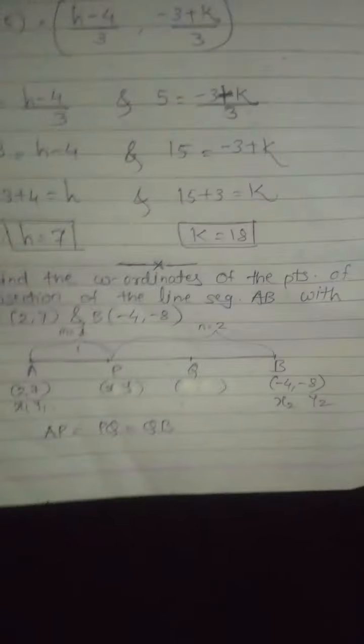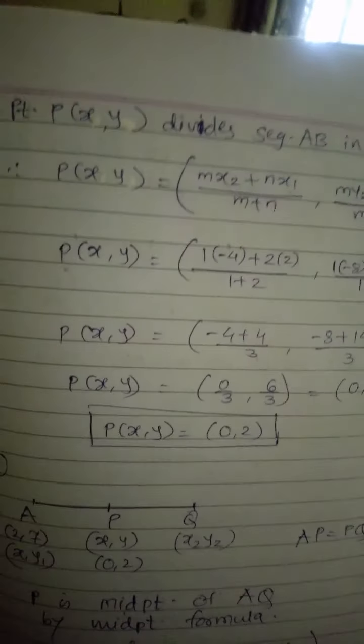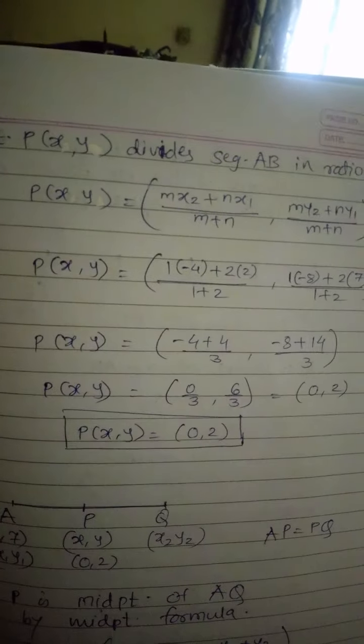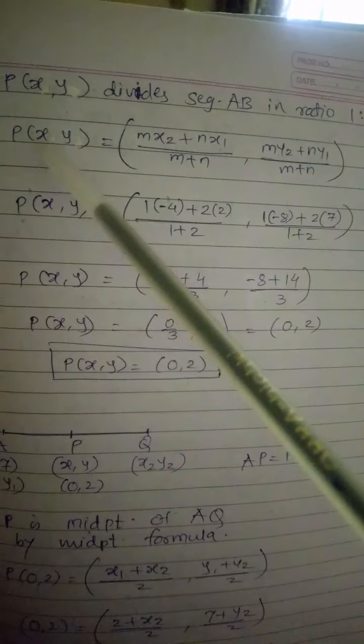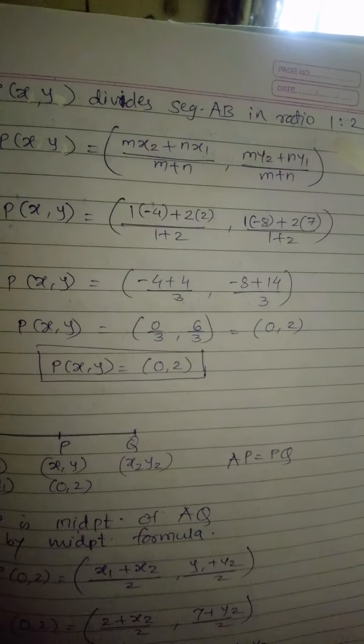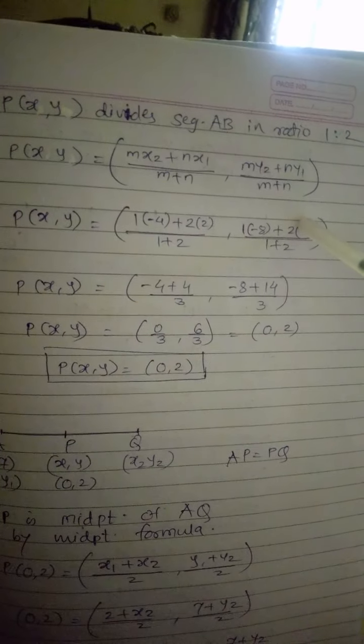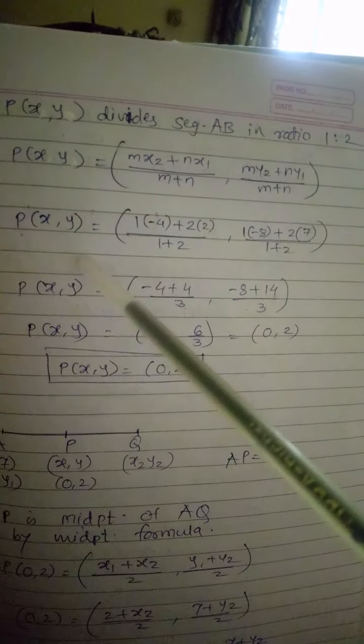And now by using the section formula we are going to find out the coordinates of P and Q. Now see here, P(x, y) divides the line segment AB in the ratio 1:2. And you know the section formula, P(x, y) equals (mx2 + nx1)/(m + n) and (my2 + ny1)/(m + n).